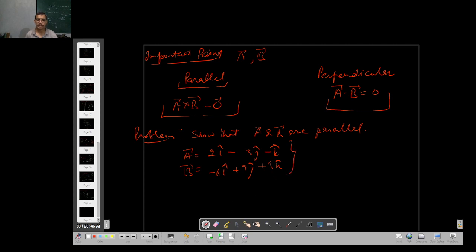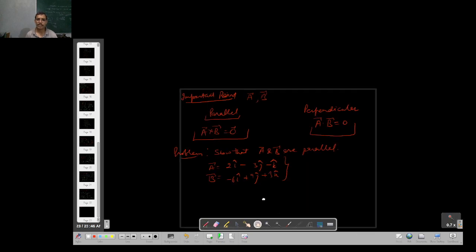Let us try to check whether these vectors are parallel or not.